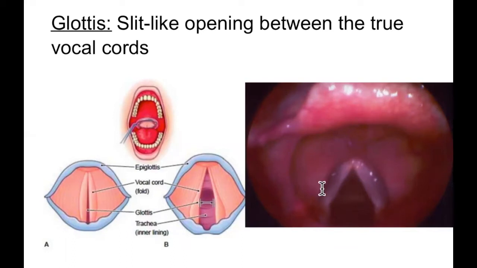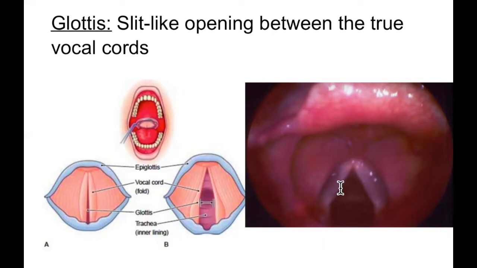This opens and shuts. See in the cartoon picture over here. When it's shut, the air doesn't move very easy. You see the white parts? Those are your vocal cords. When it's shut over here, the air that's moving forces past these white parts, making them vibrate, and that's your voice.